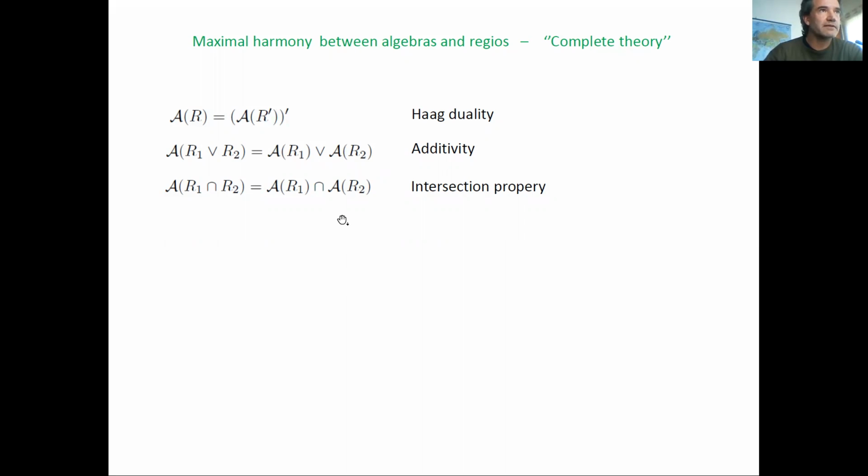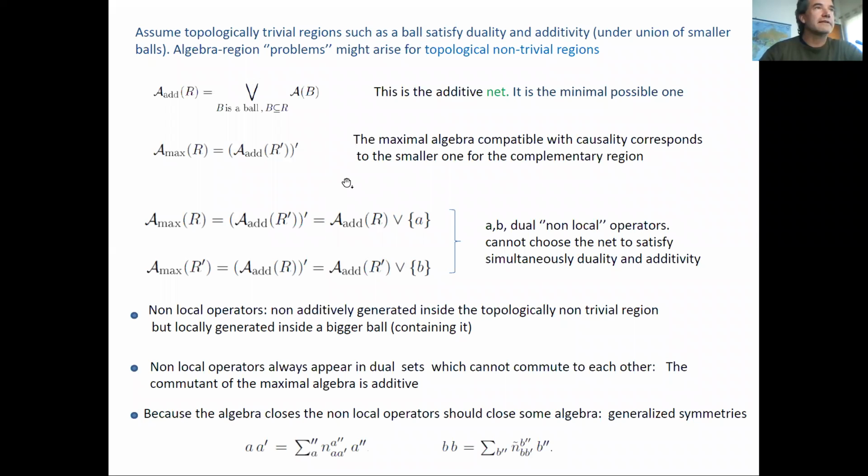So let us assume something, which can also be violated by some other, more non-trivial examples. In general, we could think that for topologically trivial regions, such as a ball, we can impose that the theory satisfies duality and additivity. So we will assume that for topologically trivial regions there are no problems of additivity or duality.